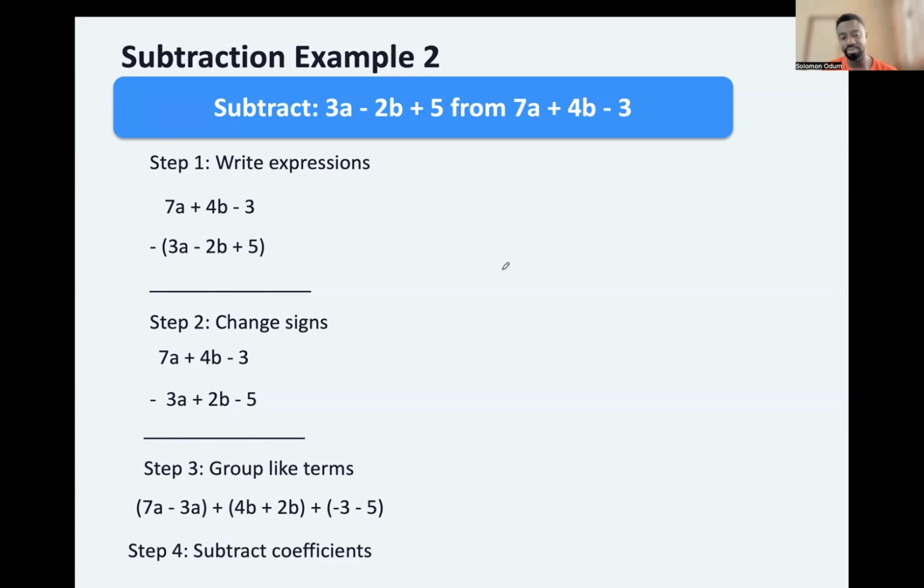Example 2: we are subtracting 3a minus 2b plus 5 from 7a plus 4b minus 3.